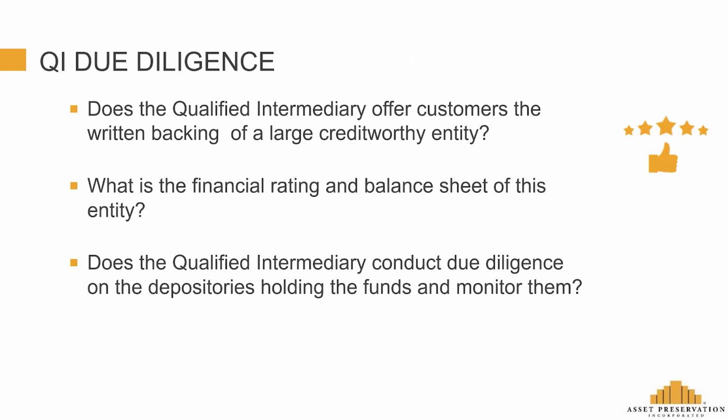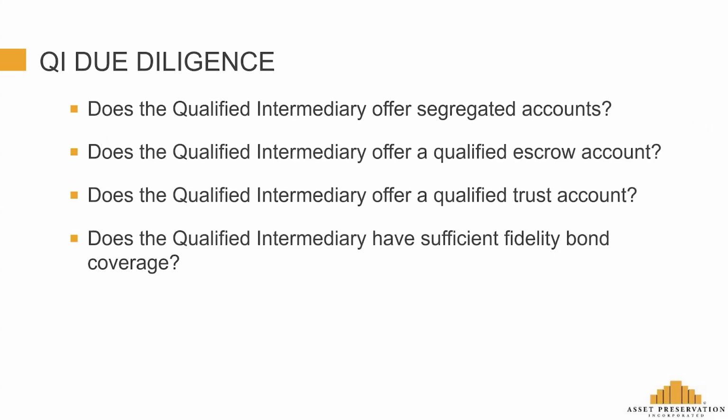And this one's really important: does the qualified intermediary do due diligence on where they're putting the money? You don't necessarily want to be a big depositor in a little local community bank. You want to work with top tier financial institutions. On the next slide, I'm going to give you the most important thing when you're looking at an intermediary: does the qualified intermediary offer a segregated account?